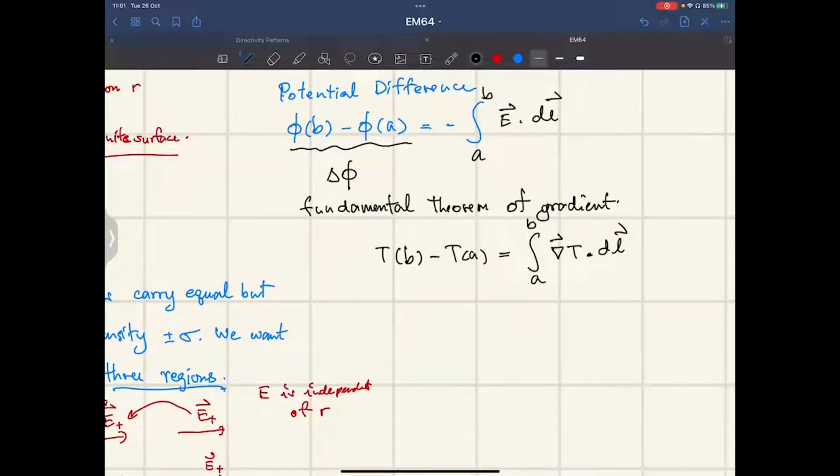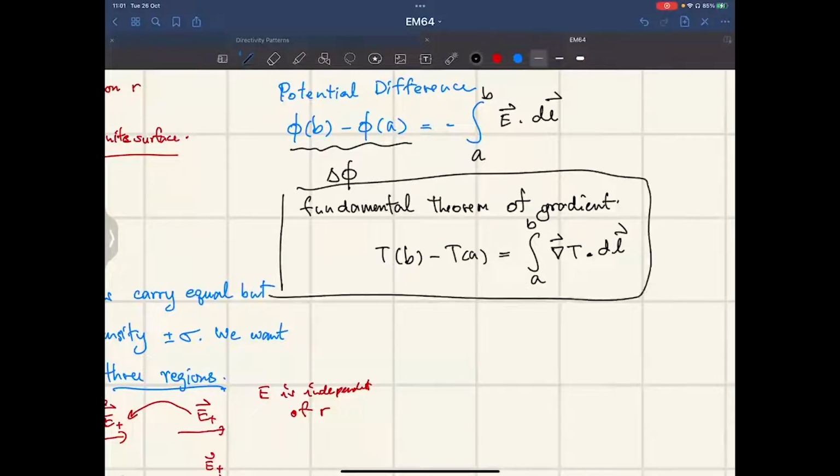Remember, this is the fundamental theorem of gradient. This thing is delta T. T can be any scalar function. So in this case, our phi is a scalar function, and it has a form similar to this one. So phi B minus phi A here is equal to what?